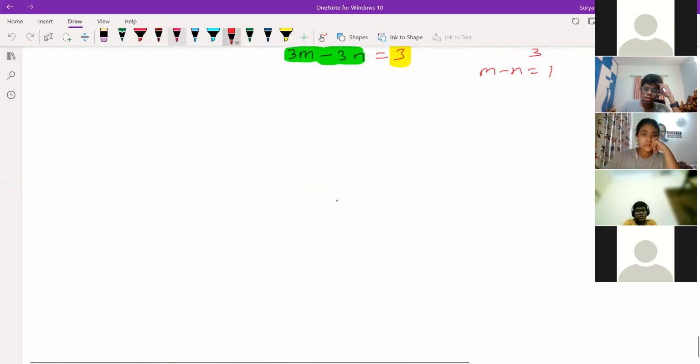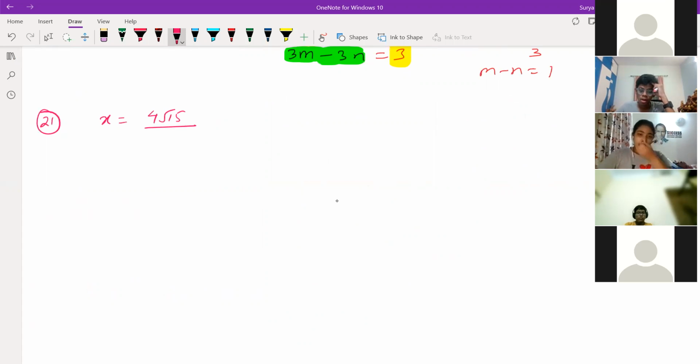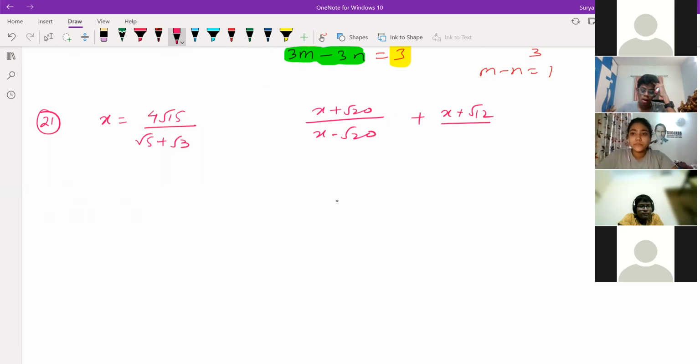Okay. So your question is, children, see, Nihar asked one question, that is, x is equal to 4 root 15 divided by root 5 plus root 3. We have to find the value of x plus root 20 divided by x minus root 20, plus x plus root 12 divided by x minus root 12.